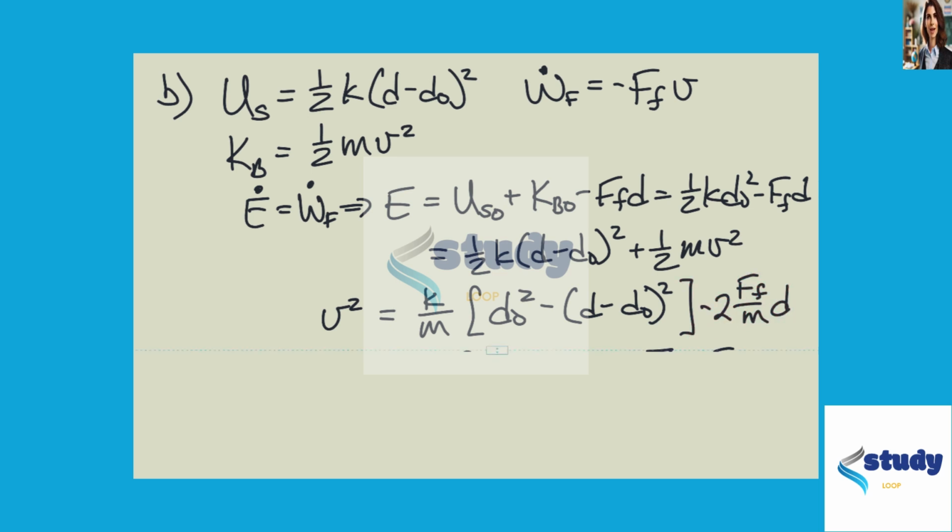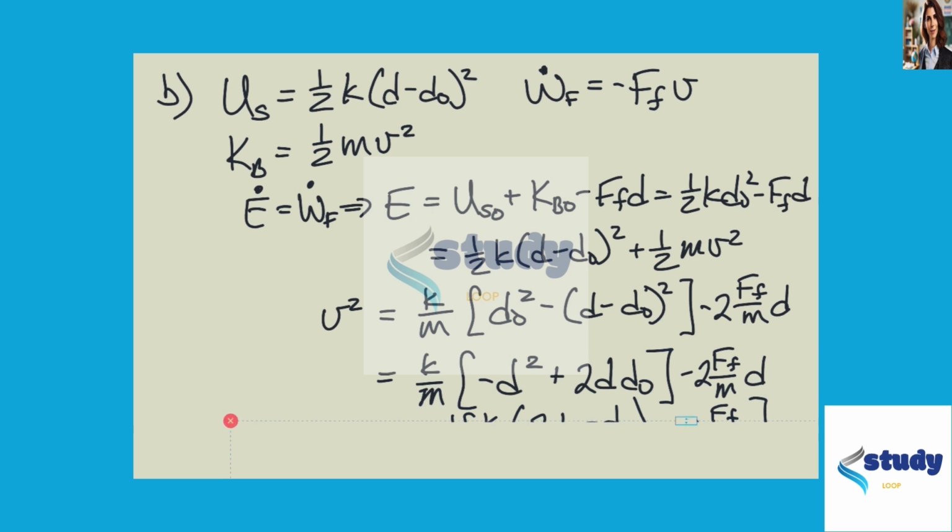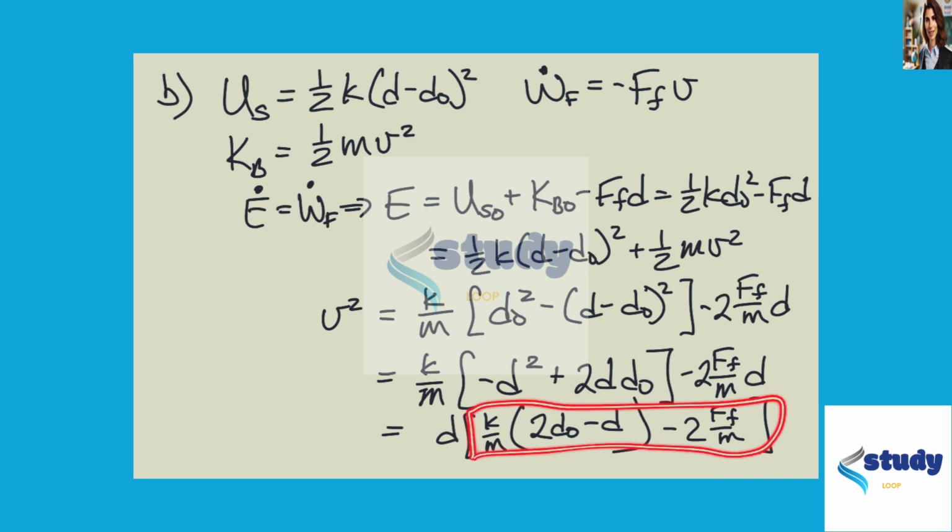Now, you can obviously simplify that a little bit, and we get it down to a form where there's a d multiplying the whole thing, and then in here we have this expression that also depends on d and d naught and the friction and the mass and the spring constant.